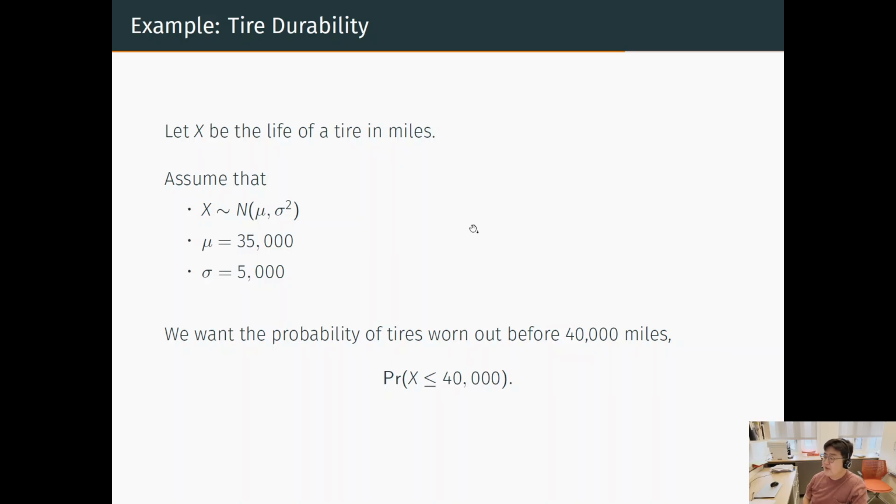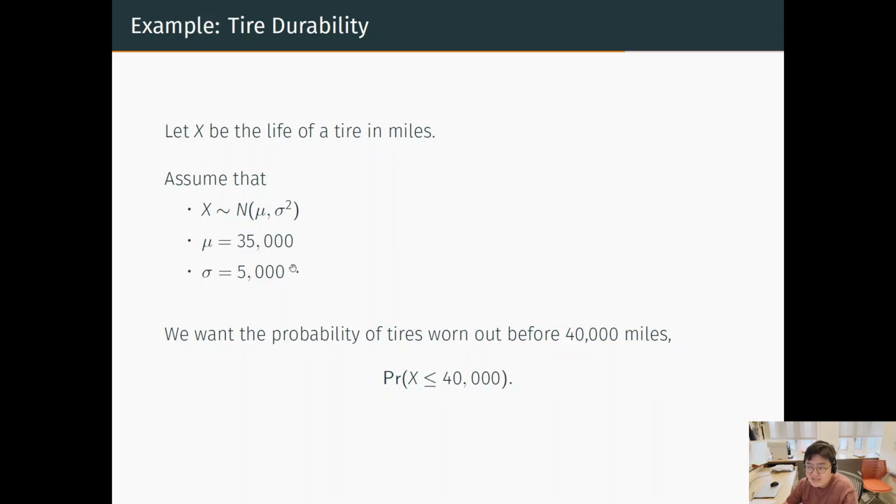Here is an example. I'm going to think about a tire, like a tire for vehicles. Let X be the life of a tire in mileage, how many miles a tire can endure. And we assume that it is normally distributed with mean 35,000 and standard deviation, this is not variance, this is standard deviation, 5,000.